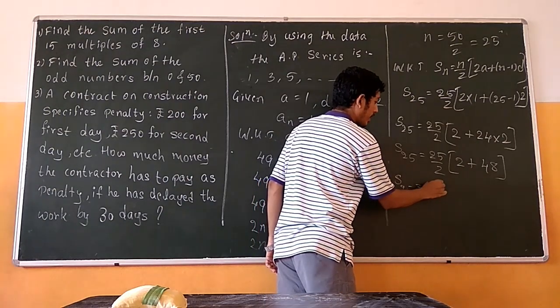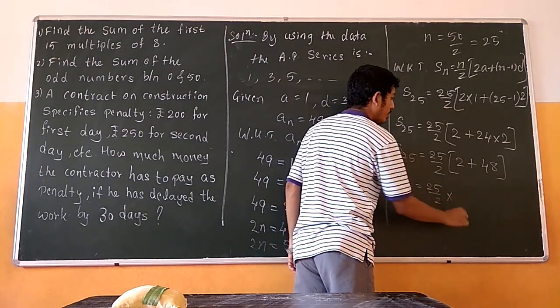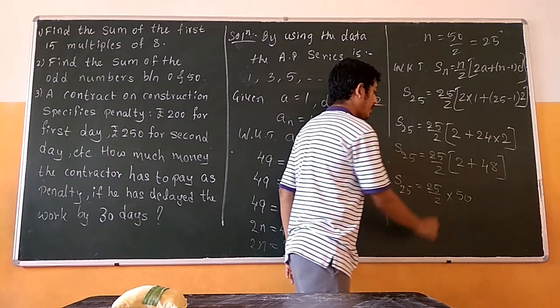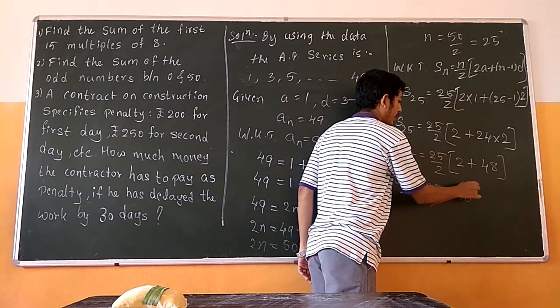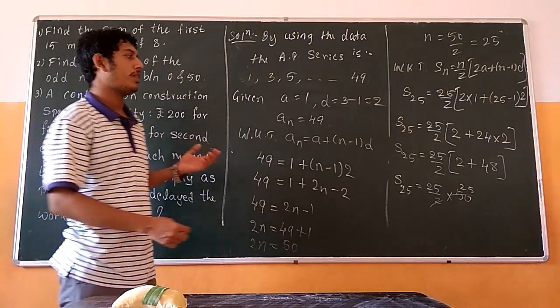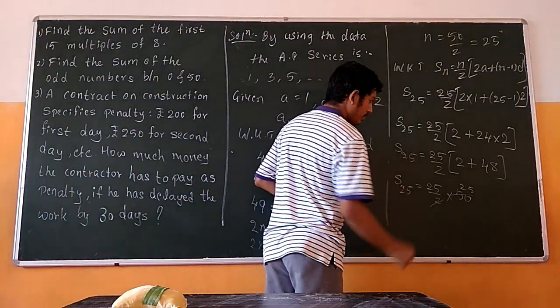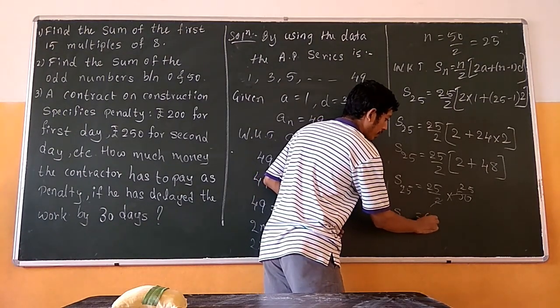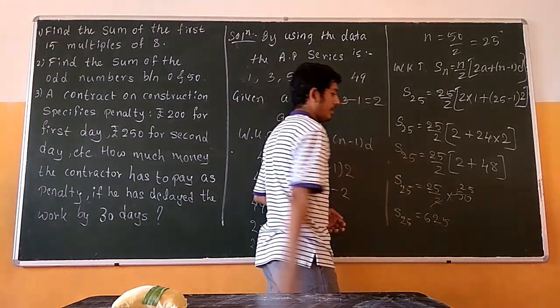S25 equals 25 by 2 into 2 plus 48 becomes 50. 2 1s are 2, 25s are 25, 25 25s are 625.